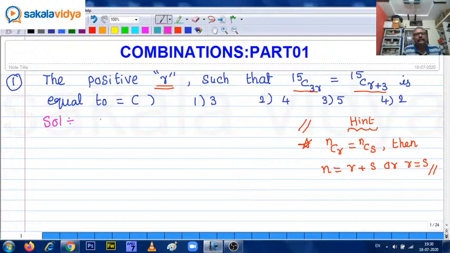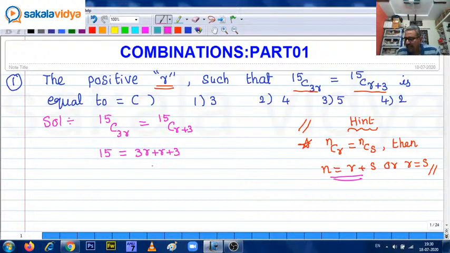Solution. Given 15C3R equals 15CR plus 3. First let us apply this. Here N means 15 equals 3R plus R plus 3.